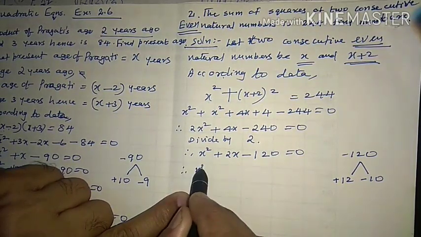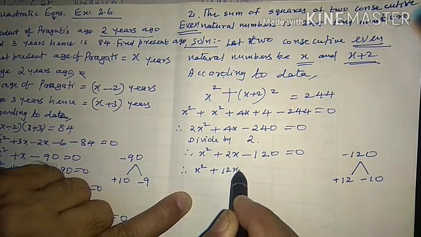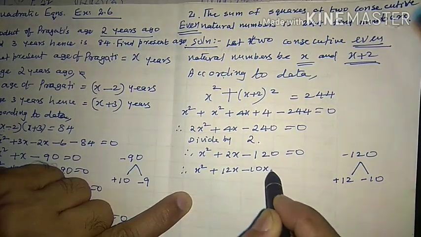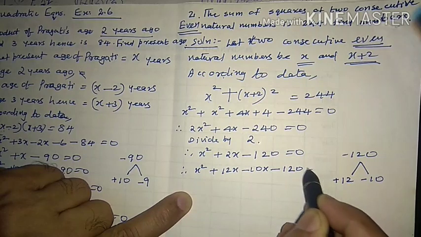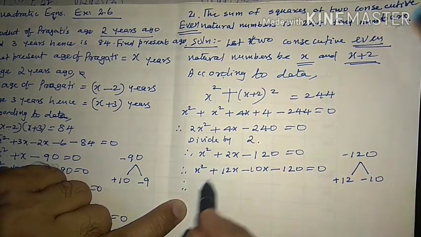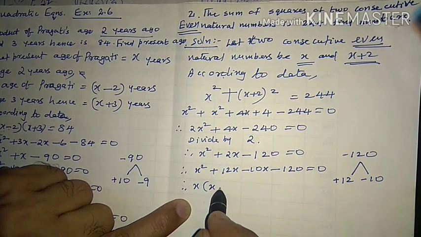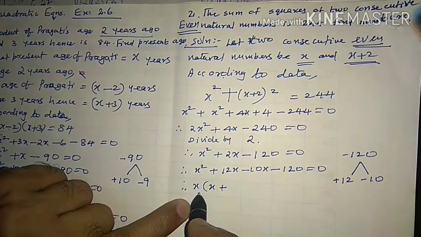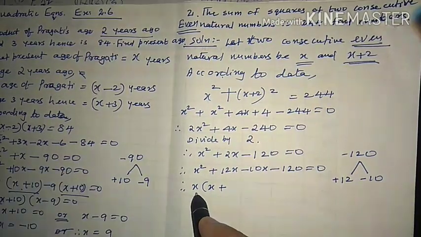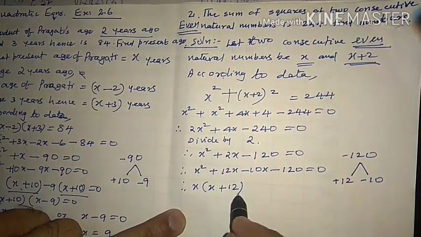Therefore, we continue: x square plus 12x minus 10x minus 120 equal to 0. Now we take x as common factor from the first two terms: x into (x plus 12). x has come out, so the remaining part is plus 12.